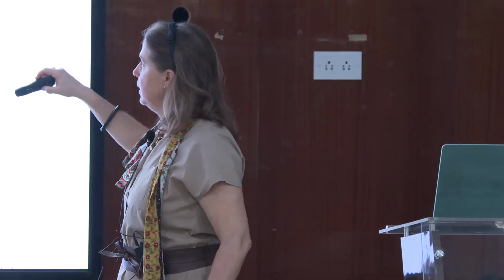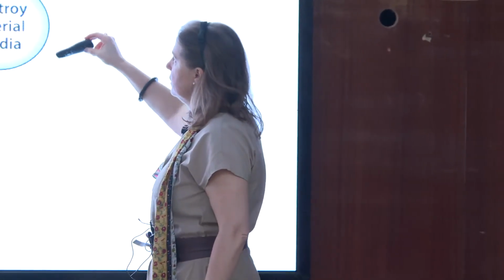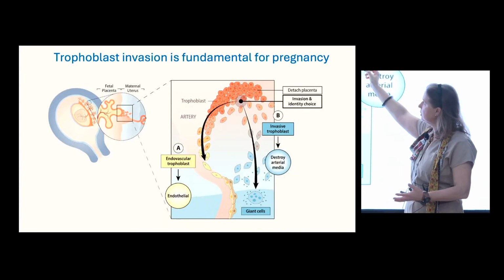It's also active in terms of helping to restructure the uterus, the decidua, and allow a change in vascularization that can deliver more oxygen to the placenta. But at the same time, there's a tolerogenic environment that's set up. And what are the fetal cells that are meeting the maternal immune system?